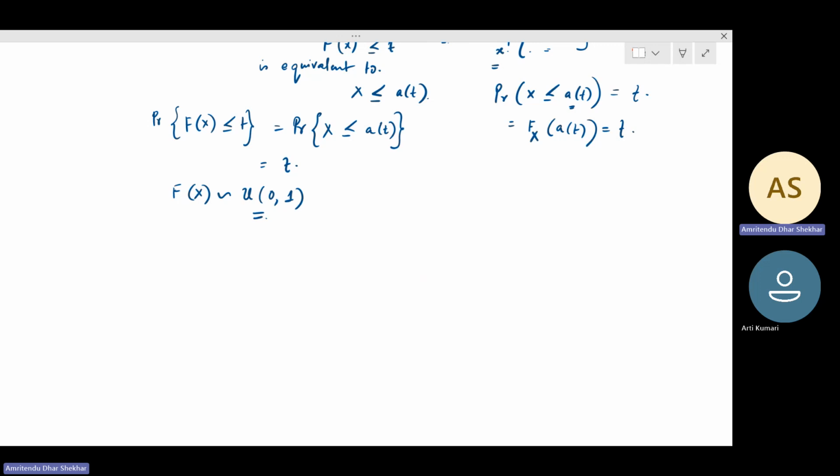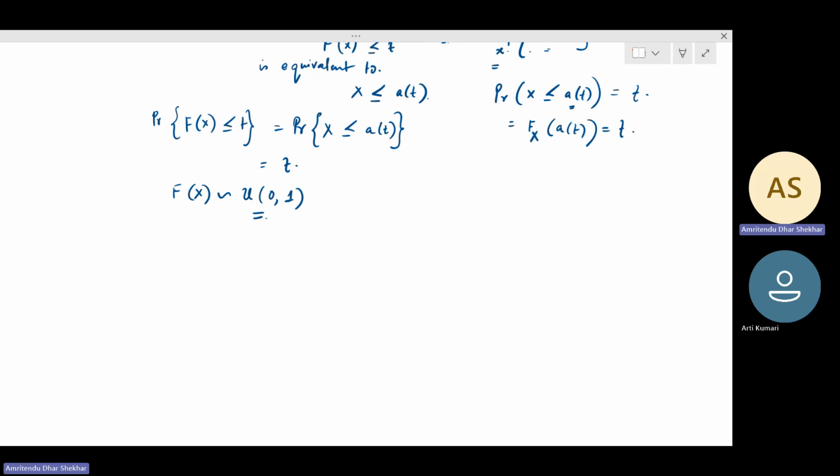Now, if I ask you how do you, in practice, generate a uniform random variable, the thing is as follows. You start with any continuous random variable. It could be a Gaussian distribution. It could be an exponential distribution. Start with any random variable X which you know how to simulate. That could just be a normal distribution. Once you have that random variable with you, you compose the random variable with its CDF function.